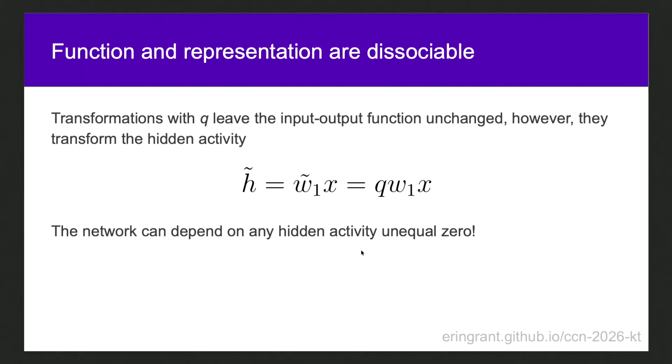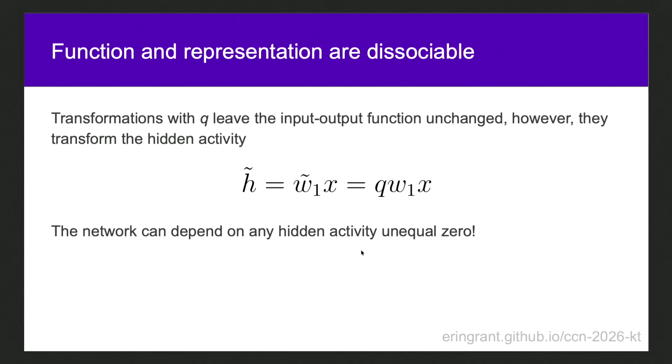OK, so transformations with q leave the input-output function unchanged. However, they transform the hidden activity. What also follows from this is that we can use almost any hidden activity. Because if you make q bigger, we make 1 over q smaller, and the other way around.